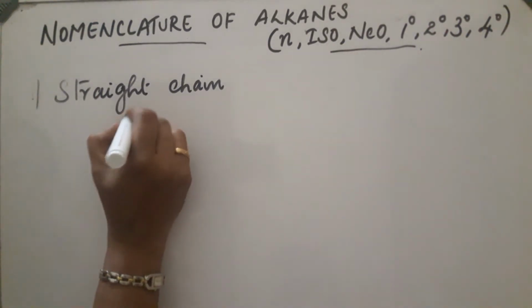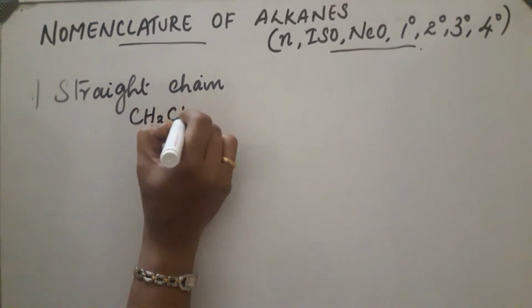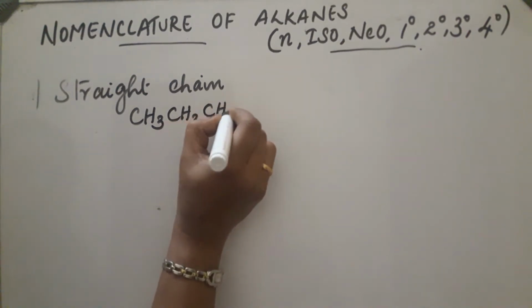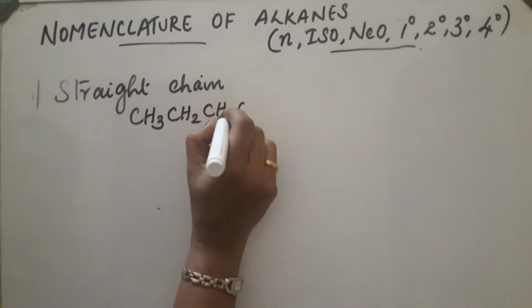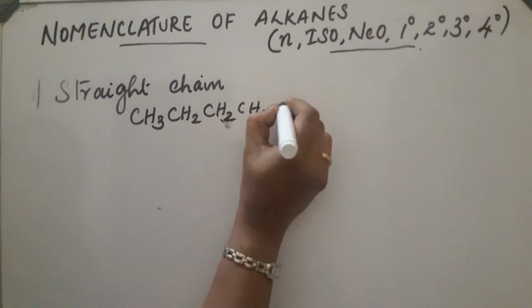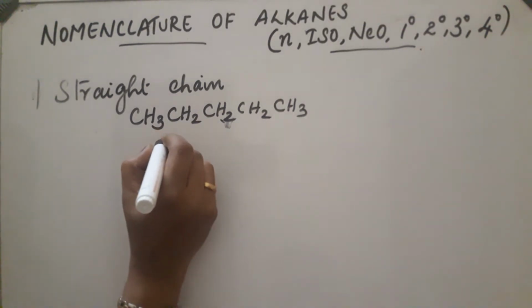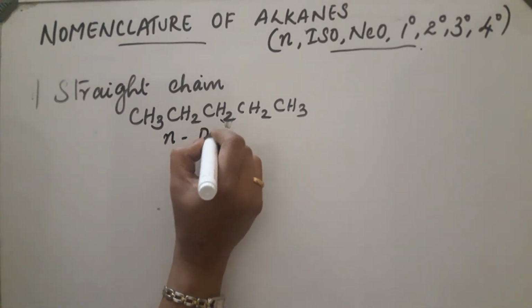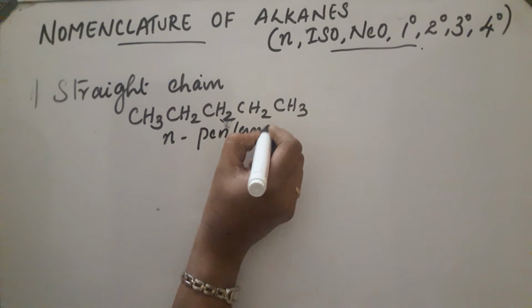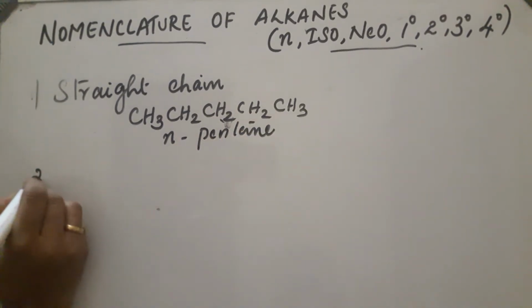Take one example. This is pentane. It's a straight chain, and in the common system of naming, we call it normal pentane. Okay. Now, let us see the second point.